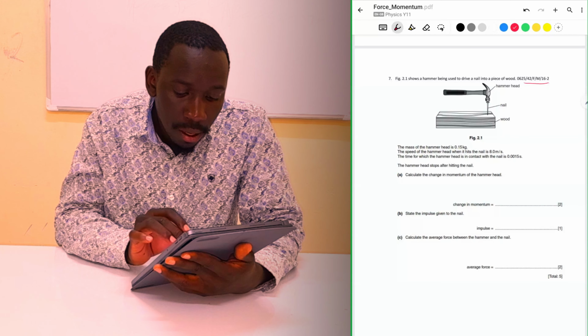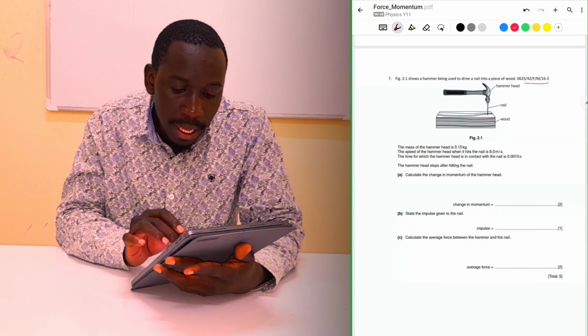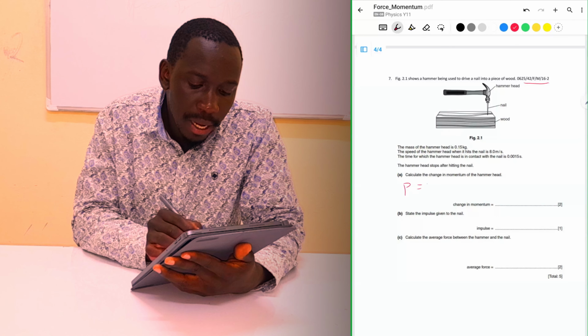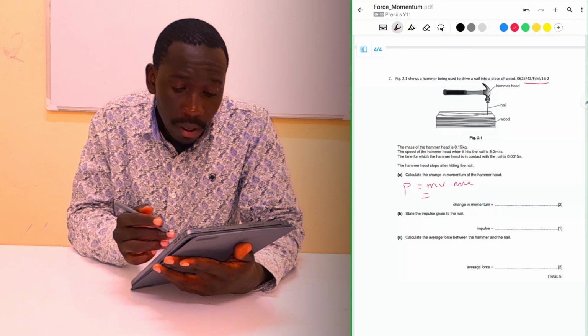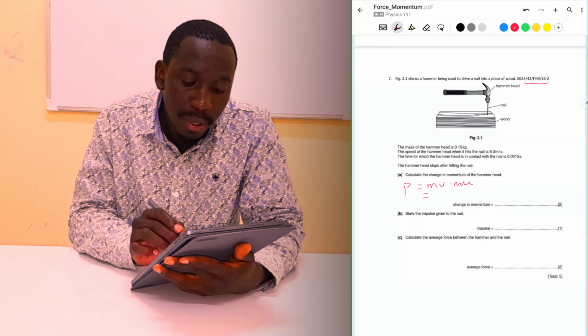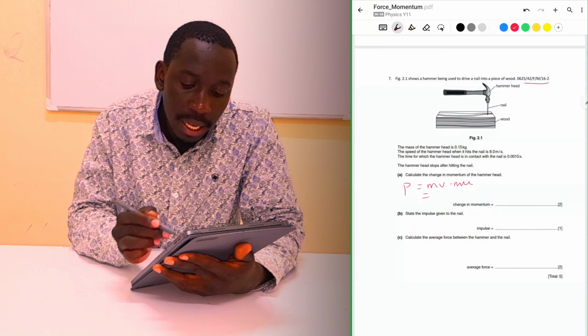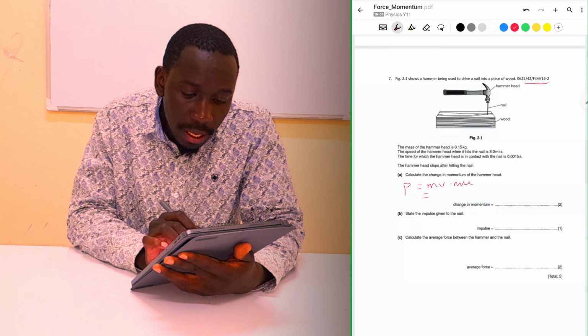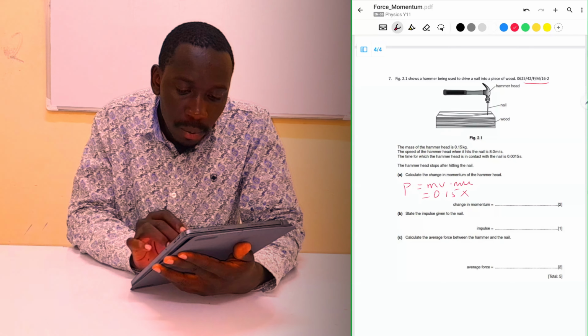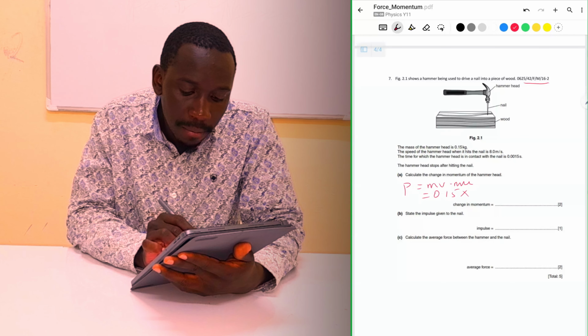So the change in momentum here, we have momentum which is mv minus mu. Either the final or the initial velocity is 0. So that means the change in velocity is just 8. So we just take mass, which is 0.15, times 8.